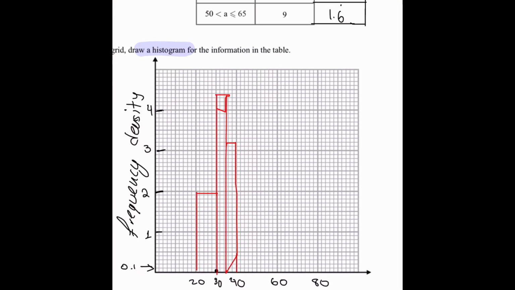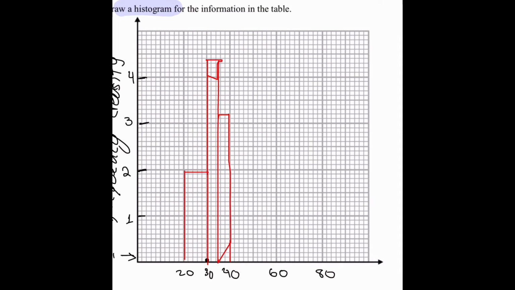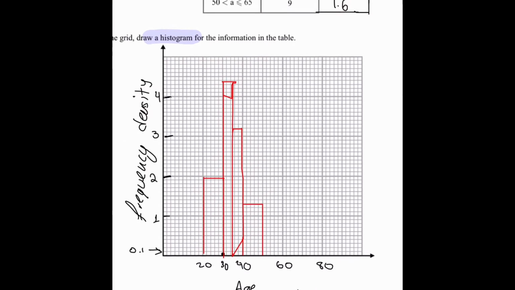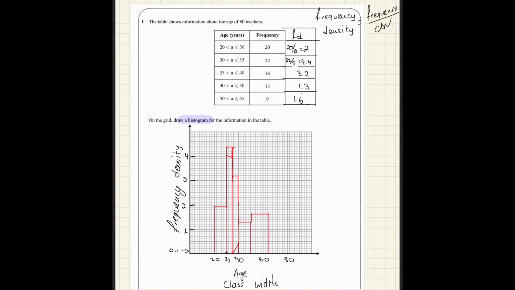And continues with 40 to 50, goes to 1.3. And then 1.6 recurring for 50 to 65. 65 would be here. There we go. So this is what we'd actually have for it.